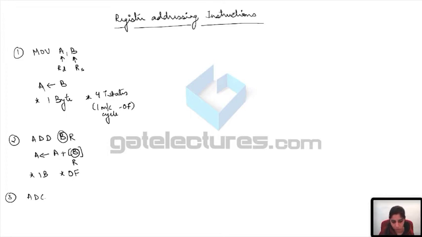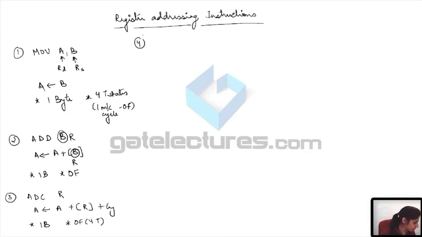Next instruction is ADC R, which is add along with carry. So here we're just taking into consideration the carry flag also. Add with carry. Next instruction that we look at is SUB R. So here subtraction is going to take place.